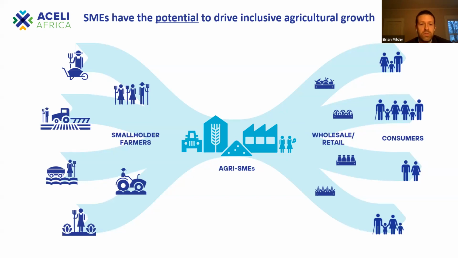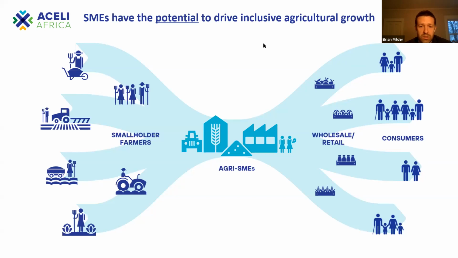And so first, around agri-SMEs, and I like this image because I think it really captures the role that agri-SMEs can play in supply chains, sourcing from smallholders, selling into markets, anywhere from input suppliers to cooperatives involved in primary production, post-harvest handling and storage and processing.